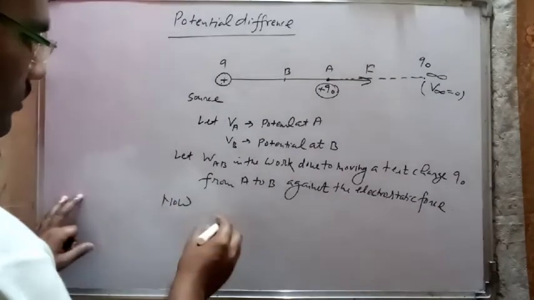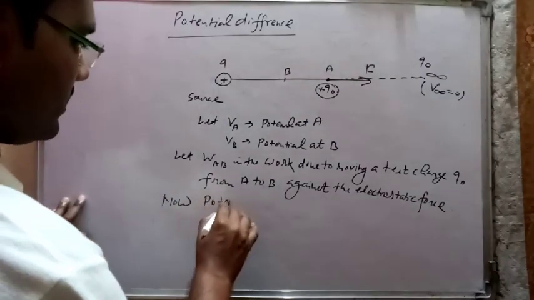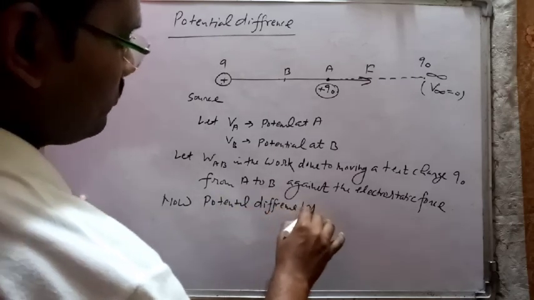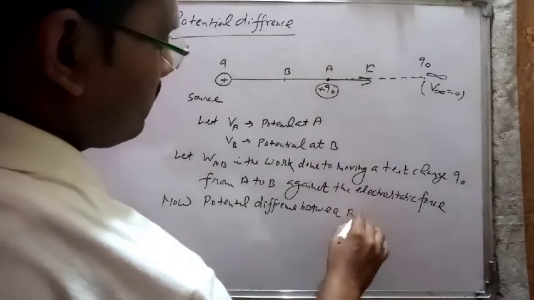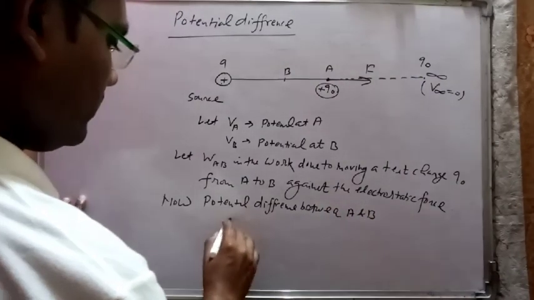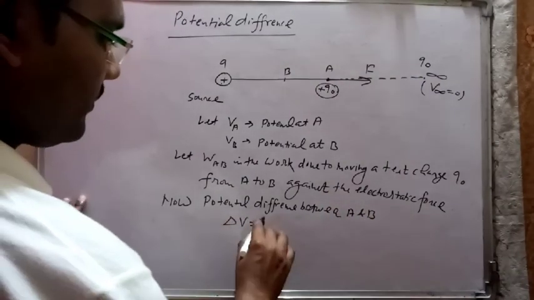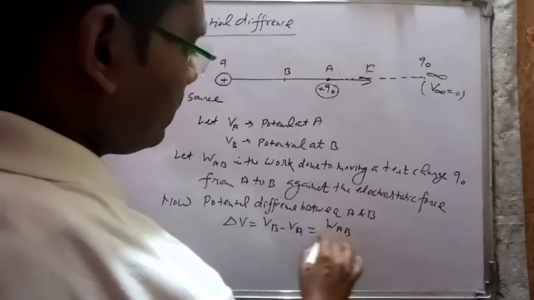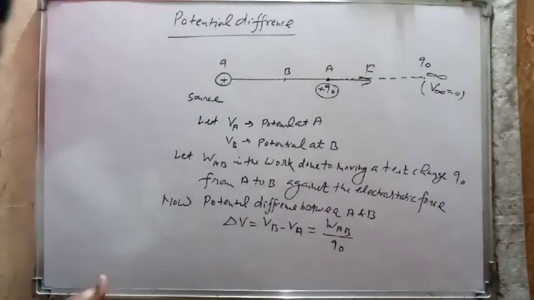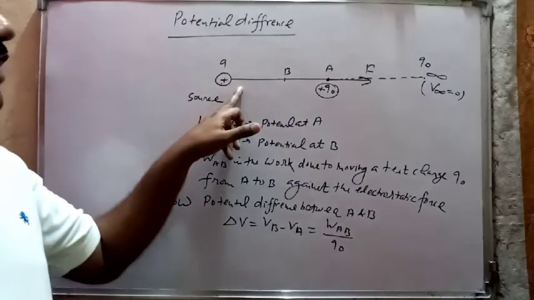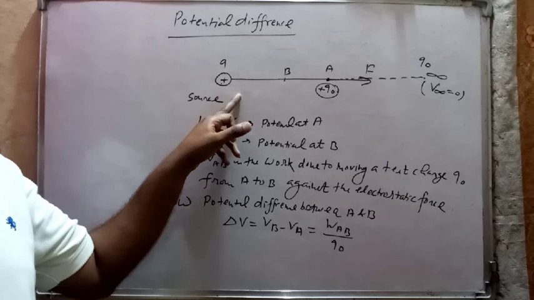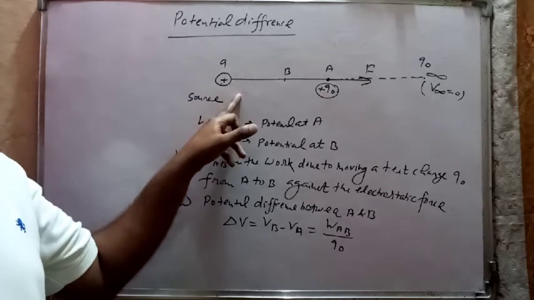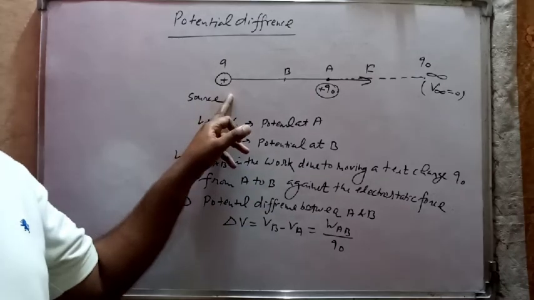Now the potential difference between A and B, that means delta V, VB minus VA, is equal to WAB divided by Q0. A point near the source charge has higher potential if the source charge is positive.